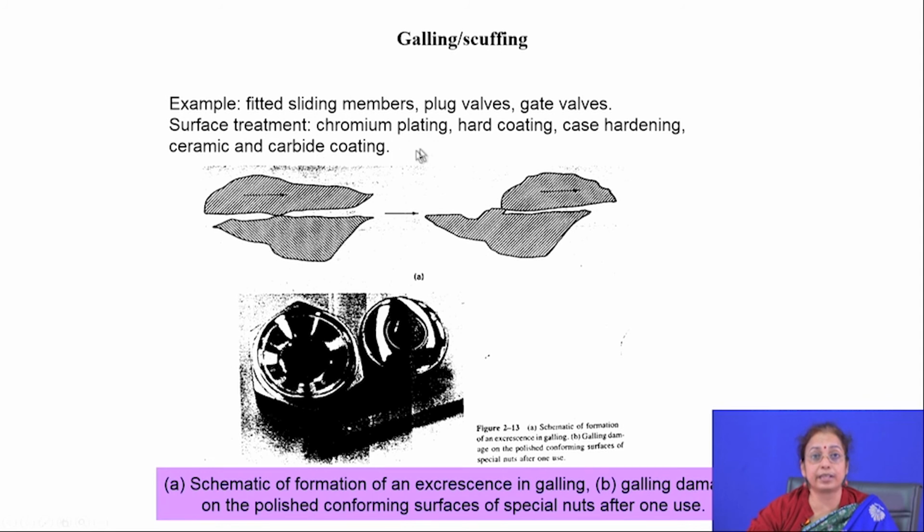Usually you can get rid of this kind of wear by application of very hard surfacing processes like chromium plating, hard coating, case hardening, and also by continuous cooling operation, so that the temperature experienced at the junction or at the adhesive joint is minimum.